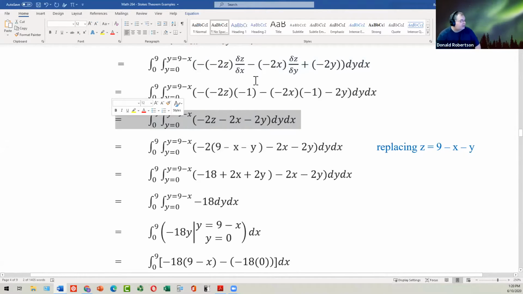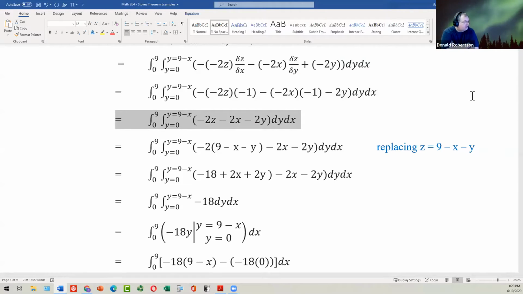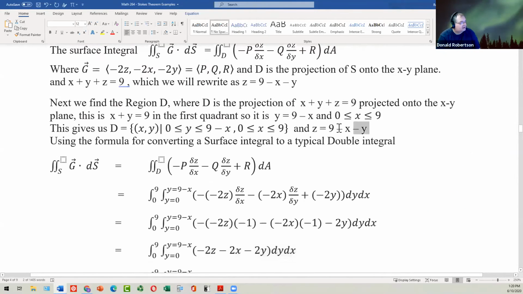Now you can see we've at least got a double integral, and we've got boundaries that are reasonably nice. There's only one fella left to take care of. See that z that's here? Because there's very often going to be some z's left over. We need to figure out how to replace him in terms of x's and y's. And that's who we use here.